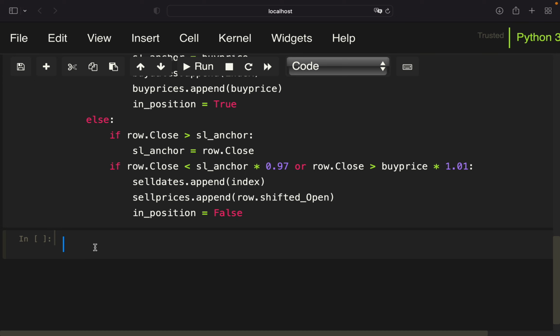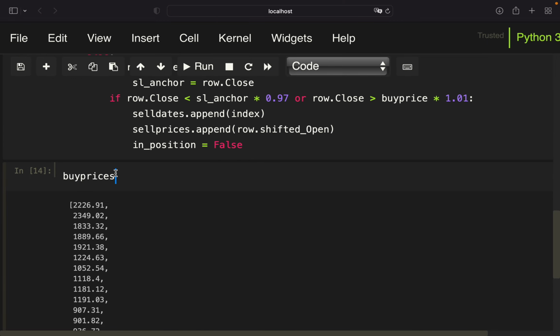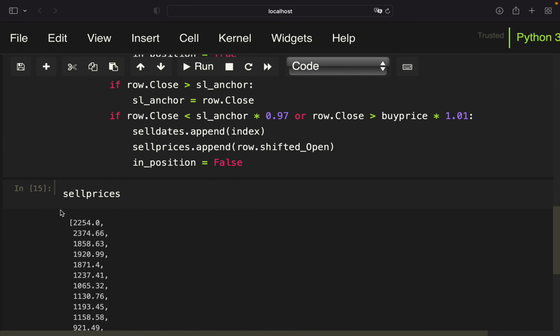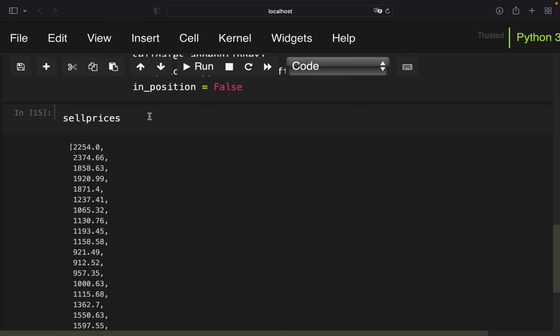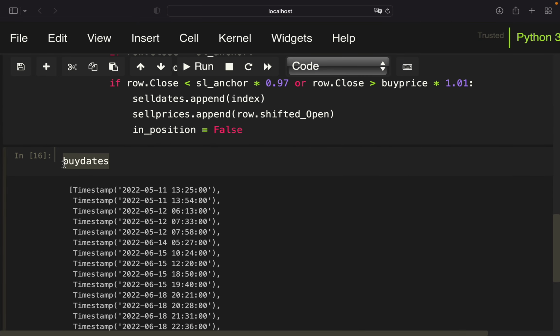First we could take a look at our buy prices, for instance, then our sell prices, and also buy dates and sell dates. You can check that for yourself. But for now, we want to calculate the profit of our trades, right?